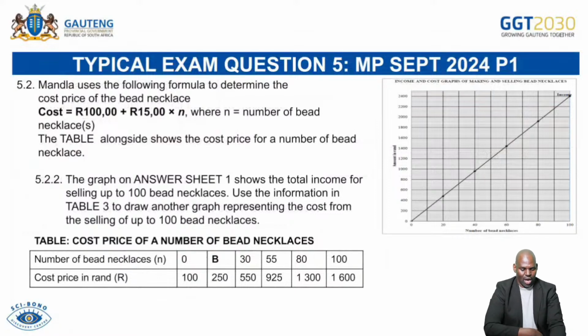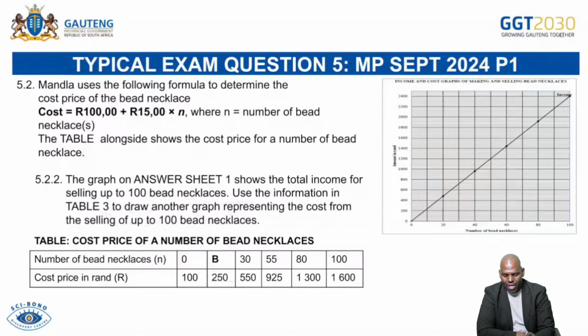And then for 5.2.2, the graph on answer sheet 1 shows the total income for selling up to 100 bead necklaces. Use the information in the table to draw another graph representing the cost from the selling of up to 100 beads. So we are given a grid.